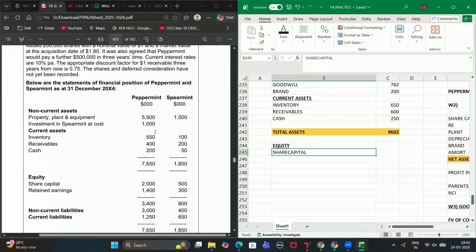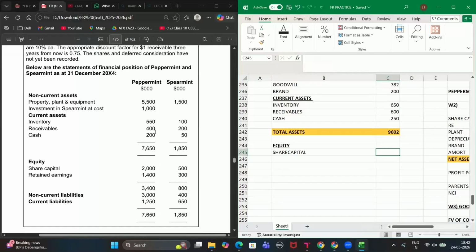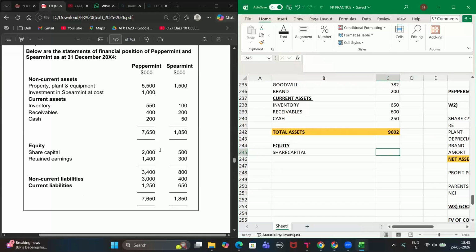Now tell me, what is the value of share capital here? Will it be 2000?